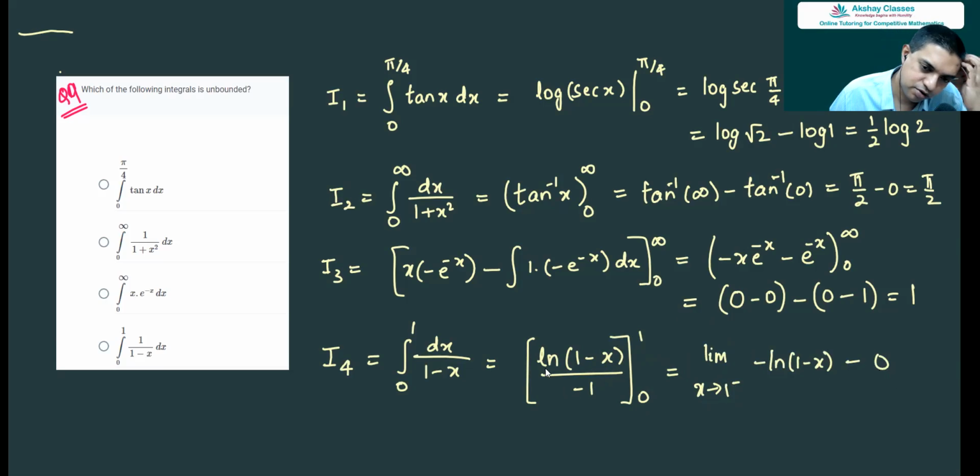When you substitute x equal to 0, log 1 is 0. So this will go to 0 plus. So this goes to minus infinity. So this is plus infinity. So that which is unbounded is this integral. This is the answer.